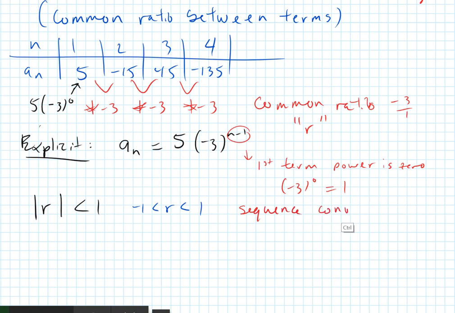If the absolute value of r is greater than 1, then the sequence diverges. That's for r greater than 1 or r less than negative 1. It's the outer parts.